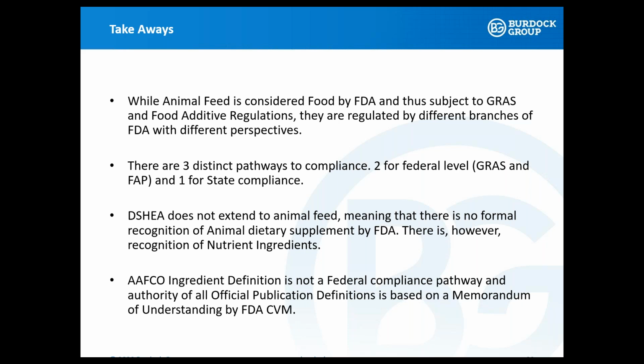There are very different perspectives there. And there are 3 distinct pathways to compliance: 2 at the federal level, GRAS and FAP, and 1 for state compliance. The SHA does not extend to animal feed. And the AAFCO definition is not a federal compliance pathway. It's based on a memorandum of understanding between CVM and AAFCO.